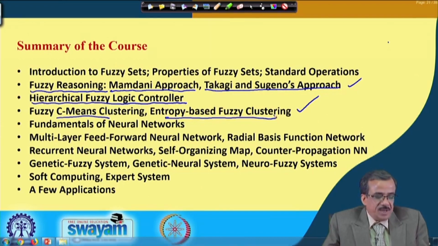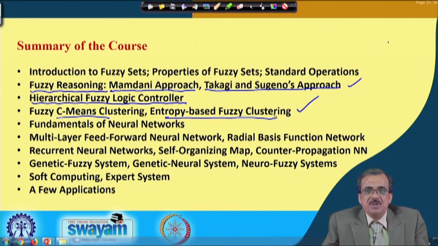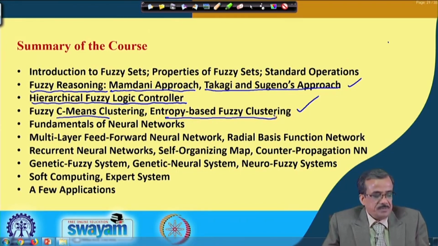If there is any mistake made by the student, the teacher is going to make the correction. Same is true in supervised learning, because we have the known input output relationship. So, if there is an error, this error will be rectified in supervised learning.